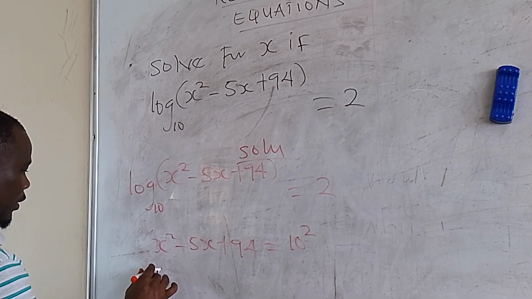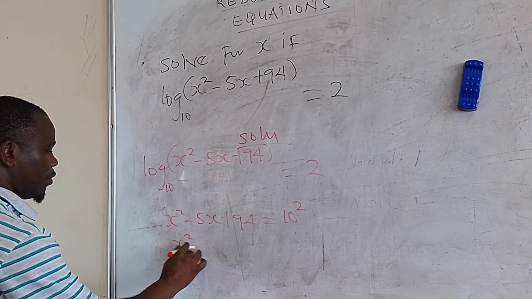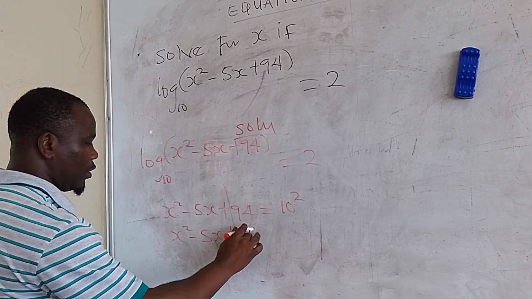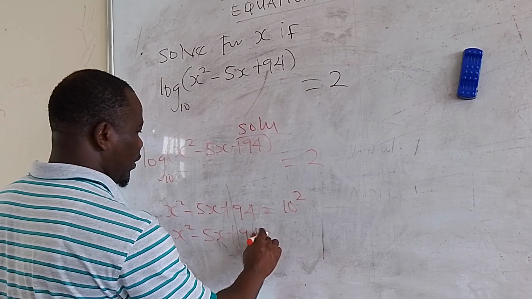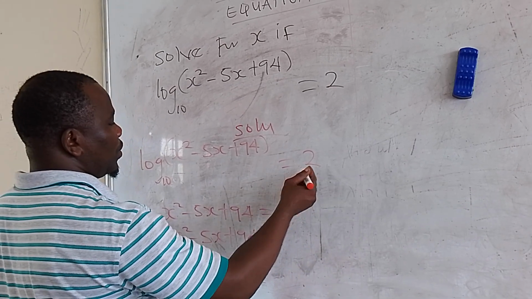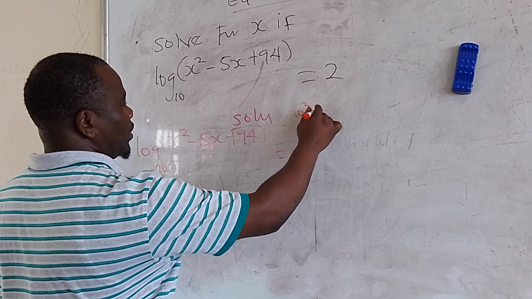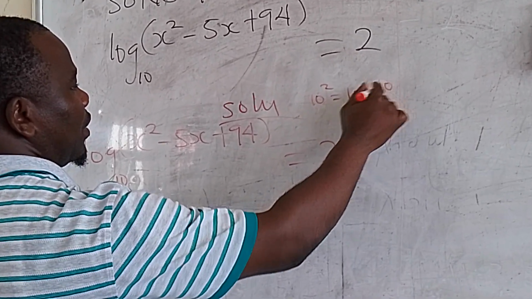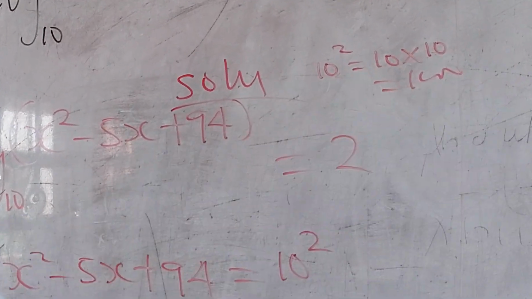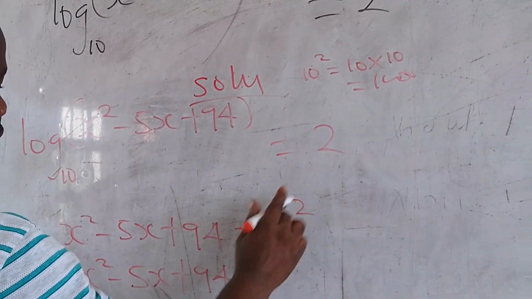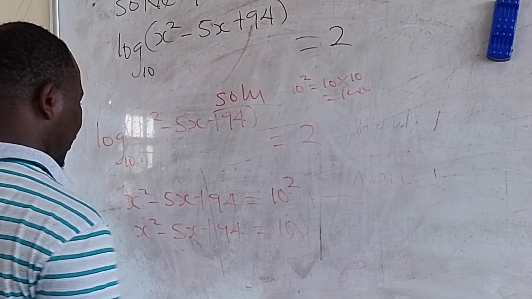So x squared minus 5x plus 94 is equal to 10 raised to the power 2, which is the same as 10 times 10. This is equal to what? 100. True or false? So 10 raised to the power 2 is 100.